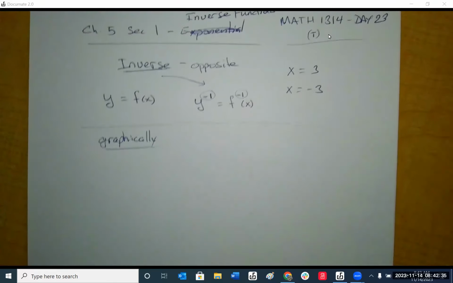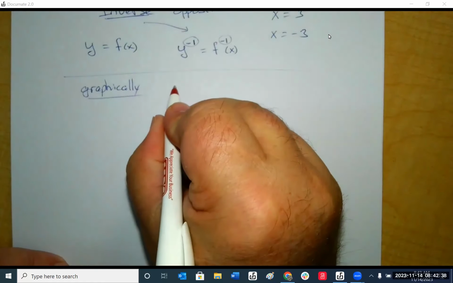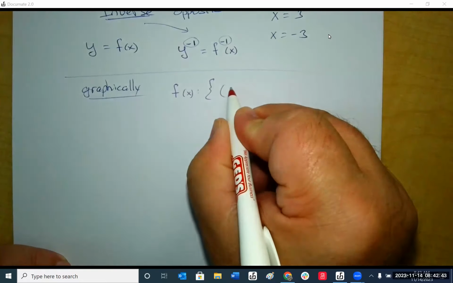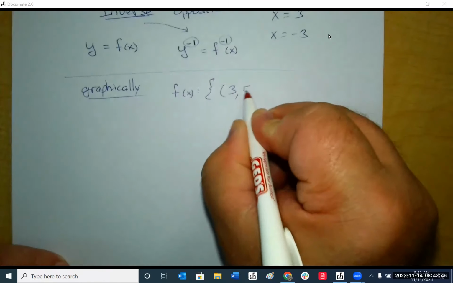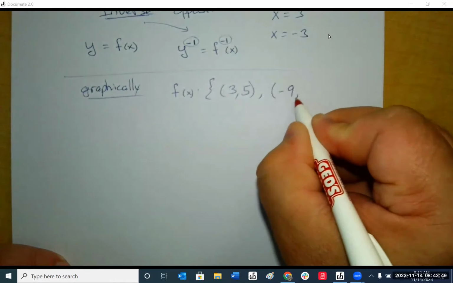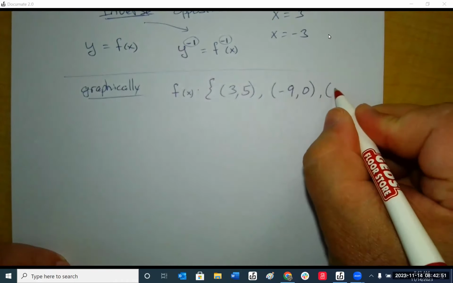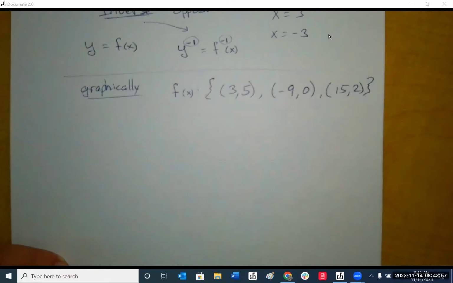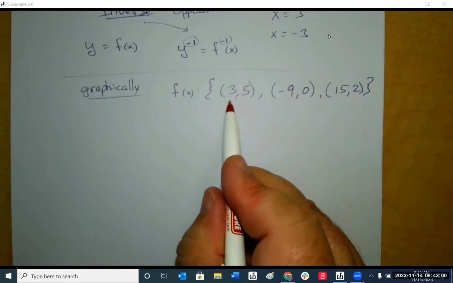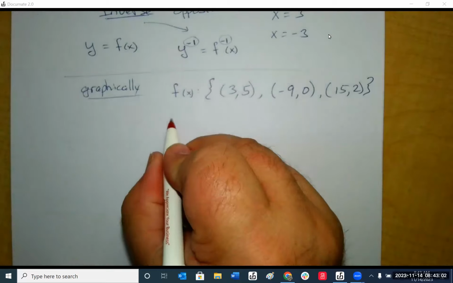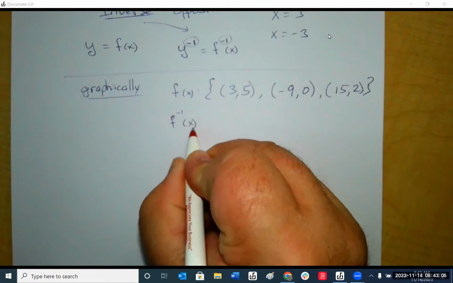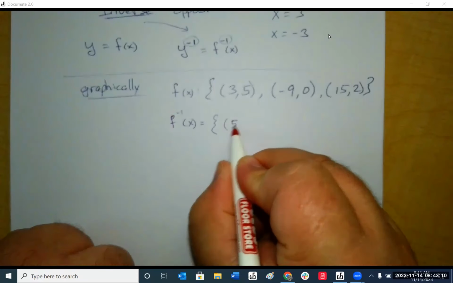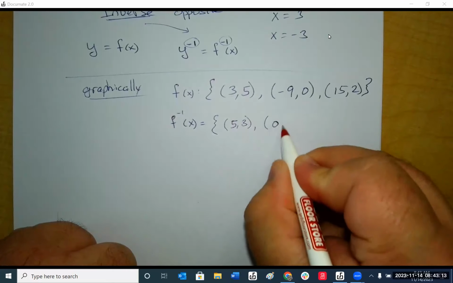Graphically, what this means is, let's say I had a set of points. Let's say my data set of F consisted of these 3 points. The inverse of it would consist of these points.